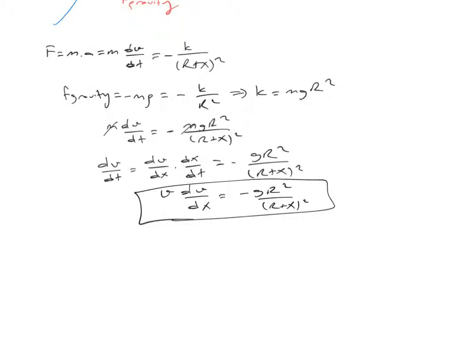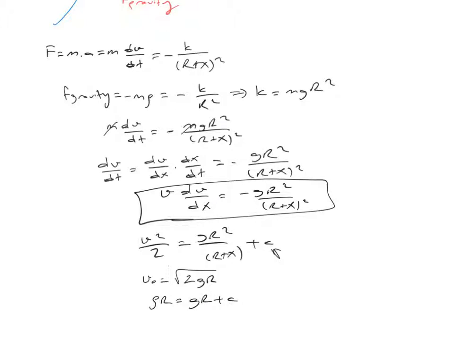And the solution of this differential equation is v squared over 2 is equal to gR squared over (R plus x) plus the constant C. In order to find the constant C, let's use the initial condition, which is v0 equal to the square root of 2gR. v0 squared over 2 is equal to gR, and it is equal to gR plus C, and from here C is equal to 0.